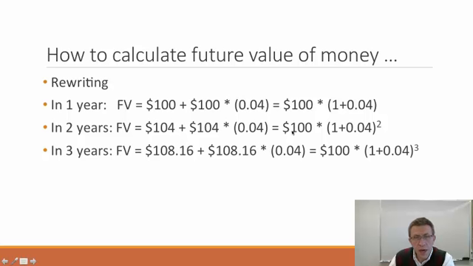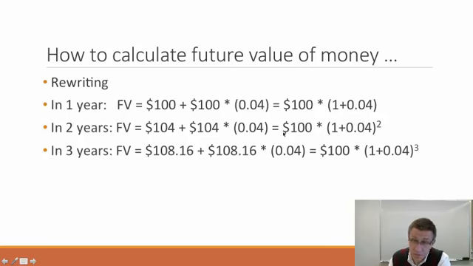We know that at the end of year one, we have this amount, $100 times 1 plus 0.04. That full amount is multiplied by 1 plus 0.04 again, which means we have $100 times 1 plus 0.04 times 1 plus 0.04 again, or simplifying, $100 times 1 plus 0.04 squared.